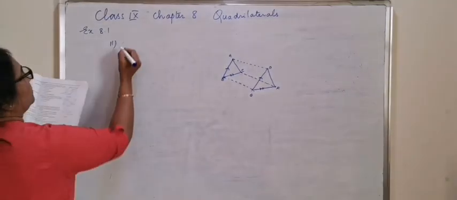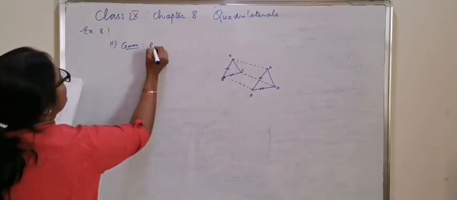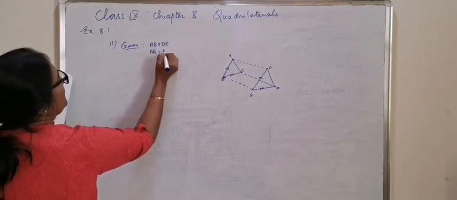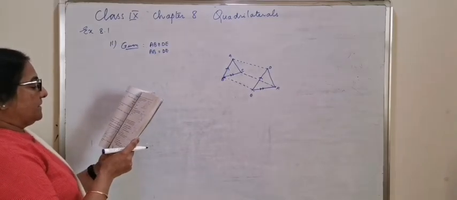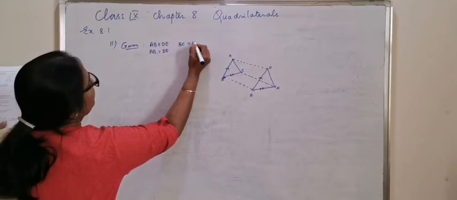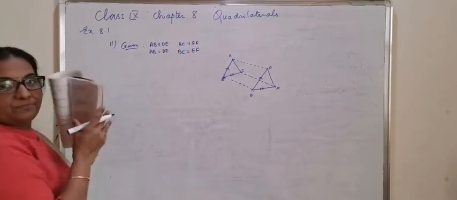ABED is a parallelogram. So the given condition is AB parallel to DE and AB equal to DE. Then the second given condition is BC parallel to EF and BC equal to EF.